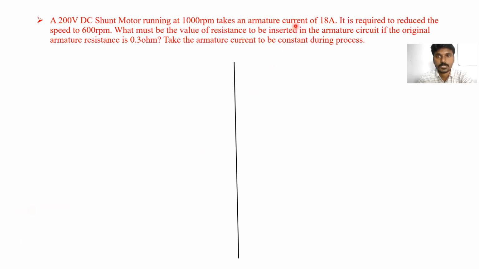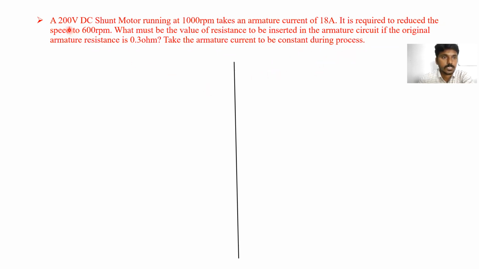It is required to reduce the speed to 600 RPM. So what must be the value of resistance to be inserted in the armature circuit, if the original armature resistance is 0.3 ohms? Take the armature current to be constant during the process.